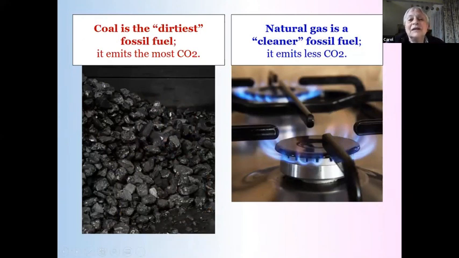It emits the most carbon dioxide, and we'll learn more about carbon dioxide. Natural gas, which is quite plentiful nowadays, thanks to something called fracking, is a much cleaner fossil fuel, and heaven knows we all like to have a cooked supper.